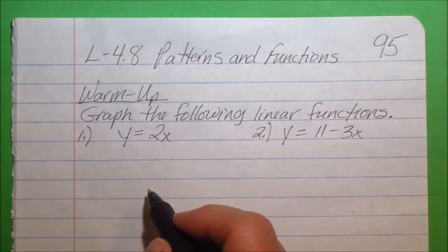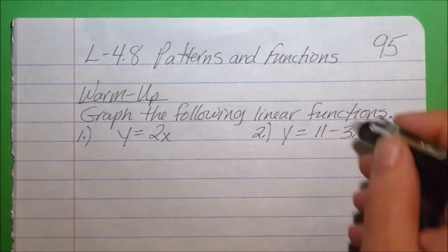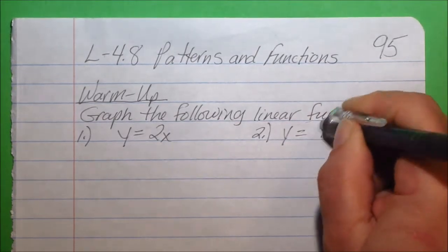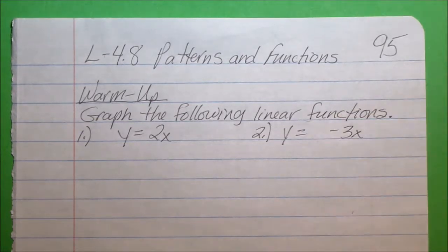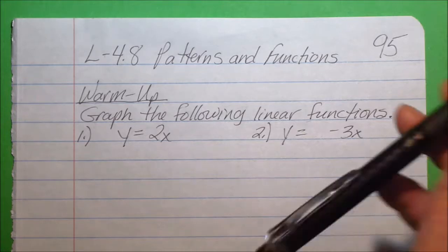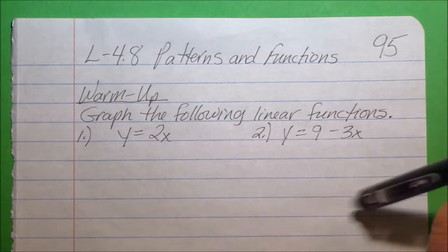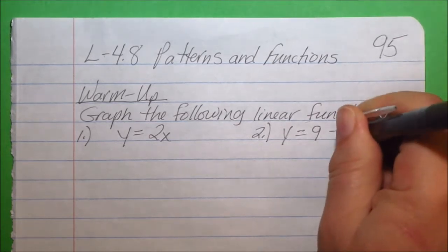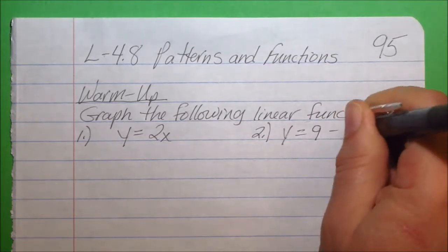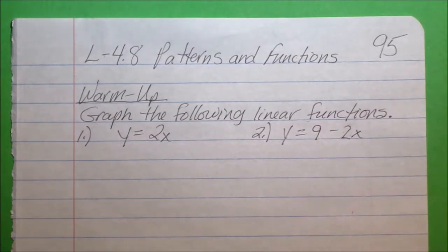All right, so you'll need to graph, let's see, you know what, I'm going to change this just so you don't have to make quite as large of a graph. Let's make it a 9 and make this a 2. And then that won't be quite as large of a graph.